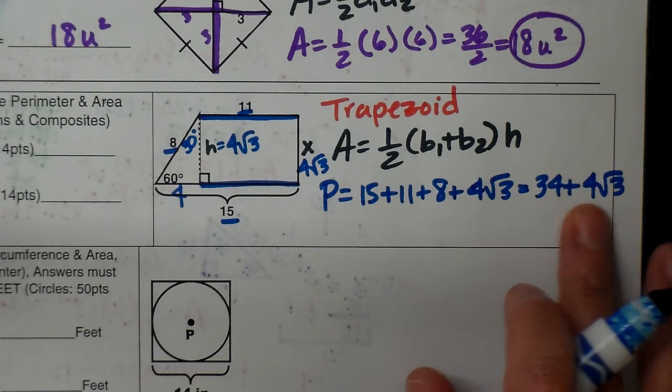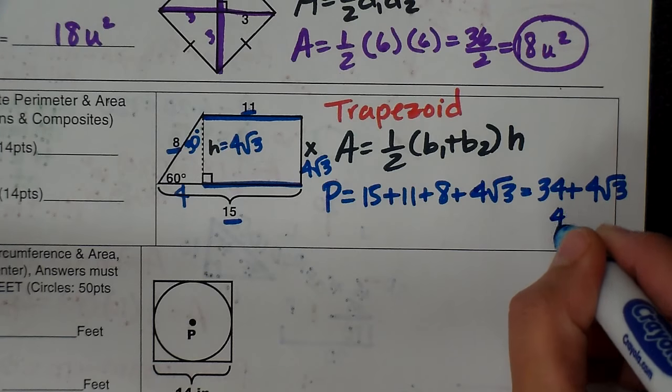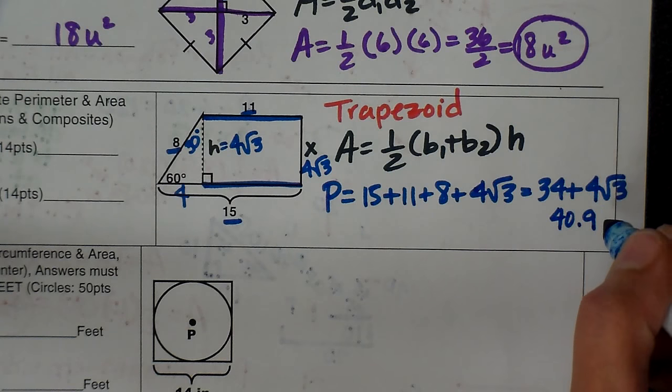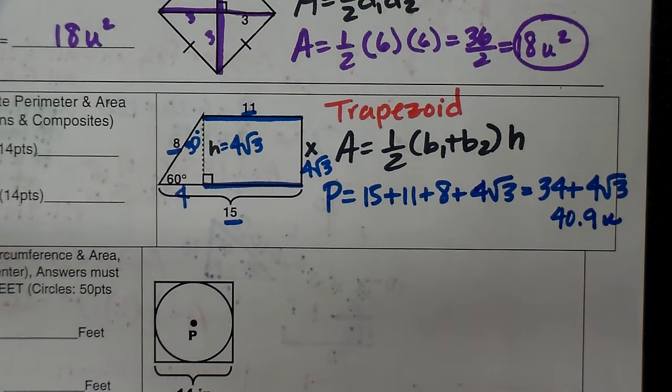The 34 doesn't have a radical 3 on it. They have to be the same. So you either write it as that, or you have to make it a product, which is what I'm trying to do right now, which is 40.9 units, okay? Now let's find the area.